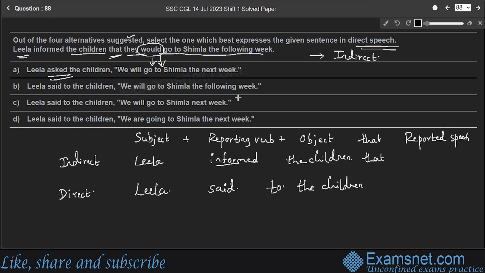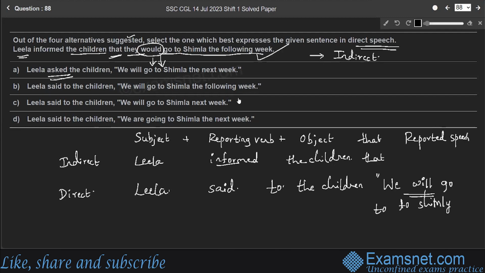So what did she say? The second part will be in inverted commas, that is the reported speech. Here the present form of would will be introduced. We will go to Shimla.